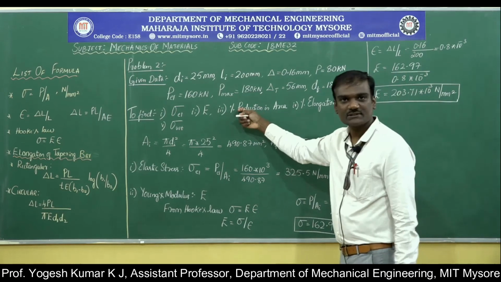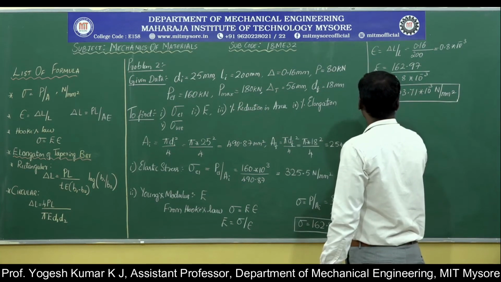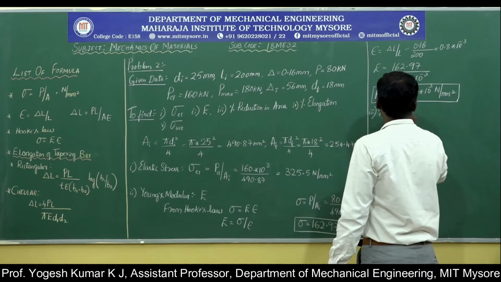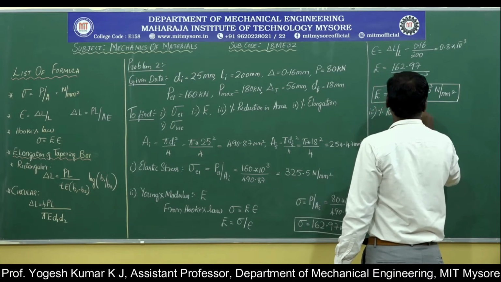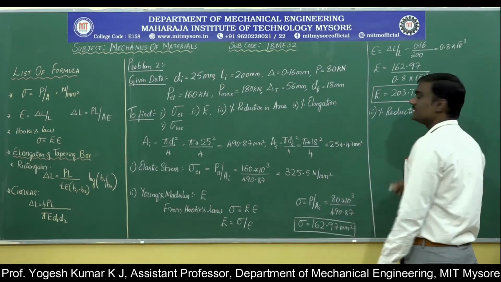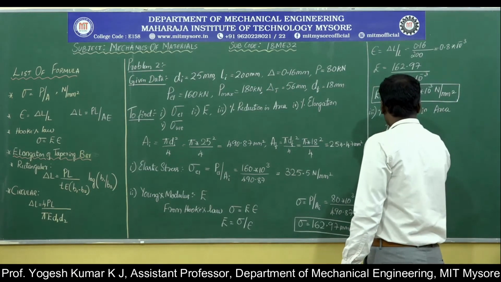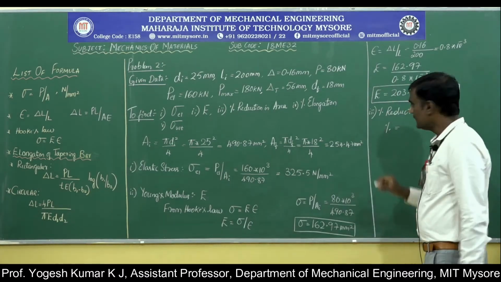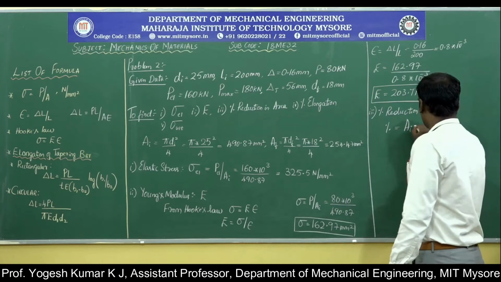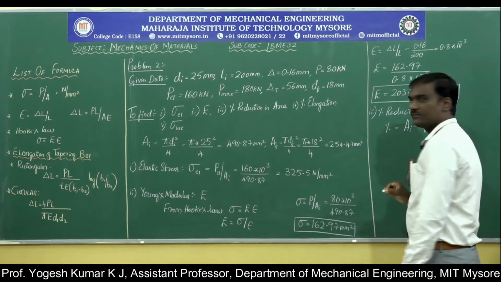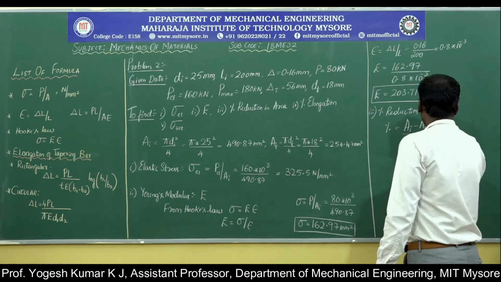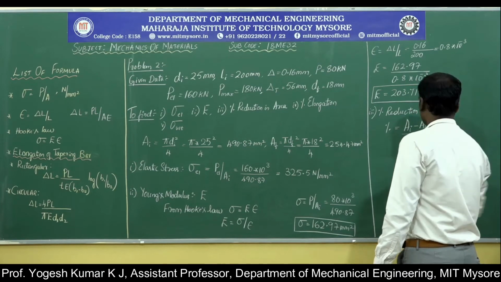Let us go to the next unknown, that is percentage reduction in area. This is given by initial area minus the final area divided by the initial area into 100.